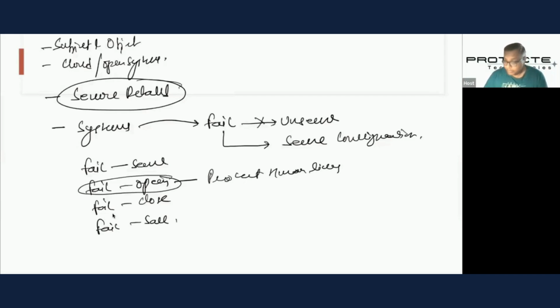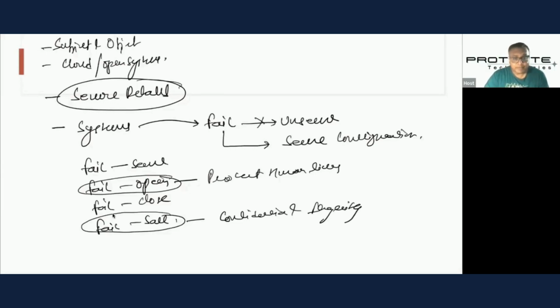When systems are failing into a safe mode, you are trying to protect confidentiality and integrity. You don't want the information to go wherever, but at some point in time, with fail safe, you are also trying to protect people.